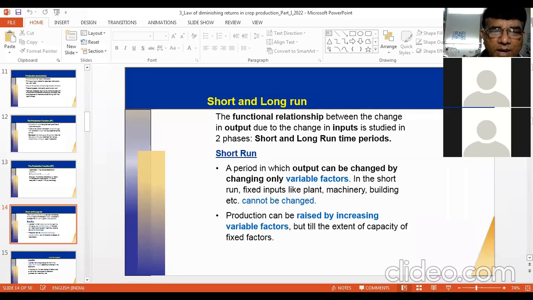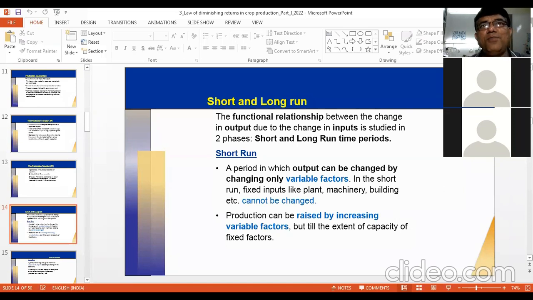So here, short run is defined with respect to factors. And production can be raised. If you want to raise the production in a shorter period, that is possible only by increasing the variable cost or variable factors, but only to the extent of the capacity of the fixed factor: what quantity of variable factors can be borne by the fixed factor.